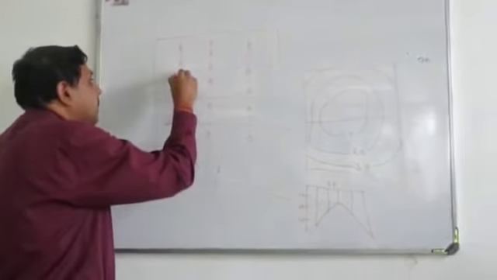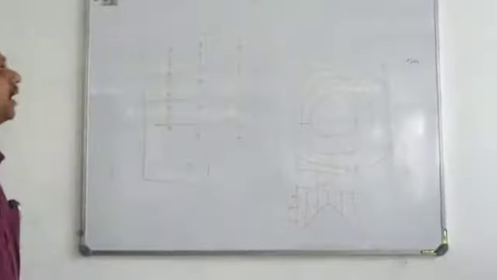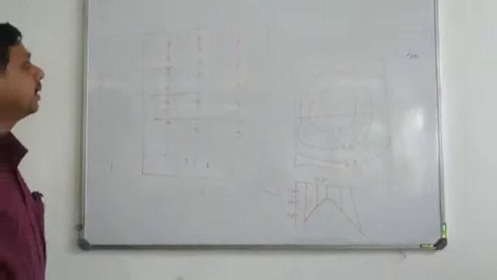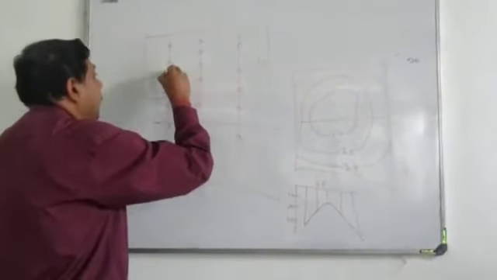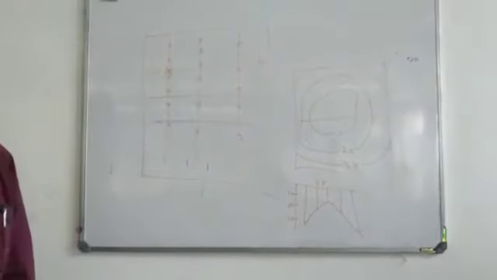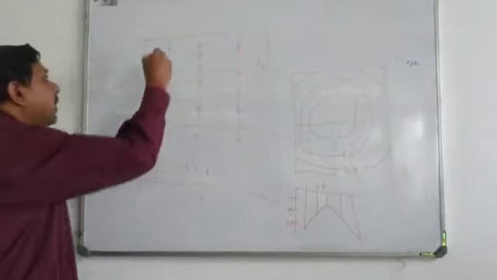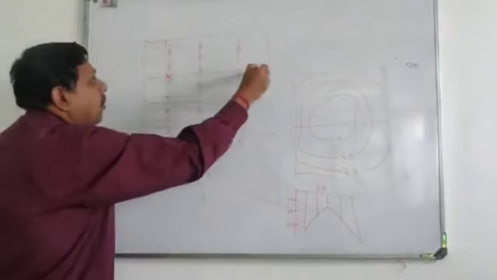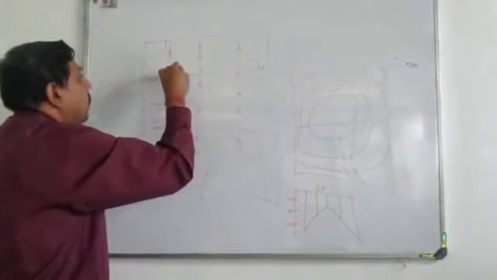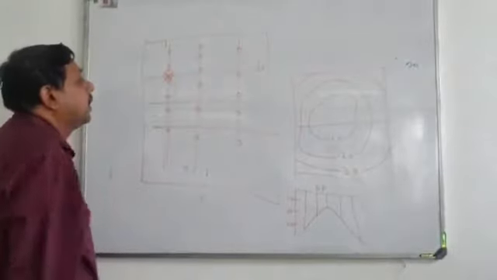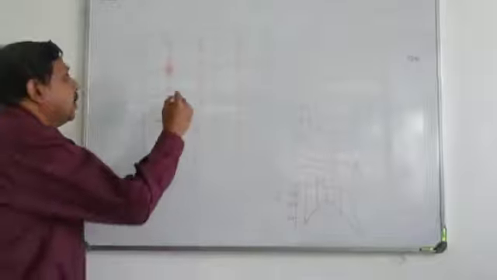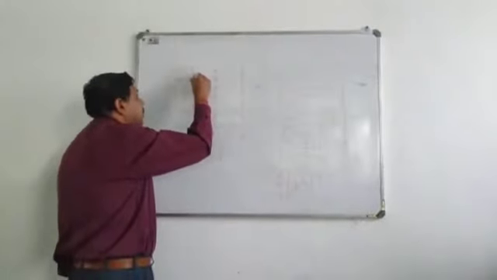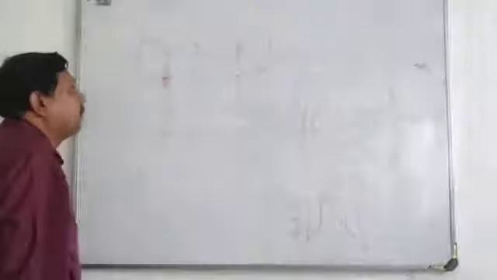At this juncture where we have line number 1 with line number 4, this unique point should have a unique two-way time, whether we have interpreted from line number 1 or from line number 4.